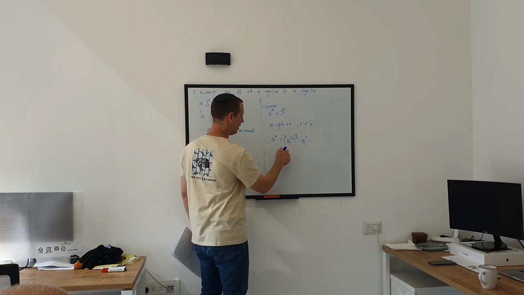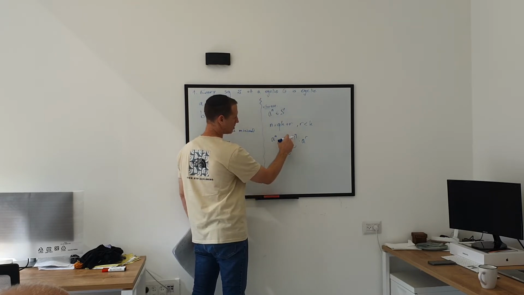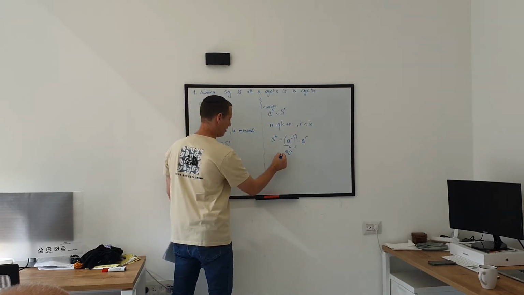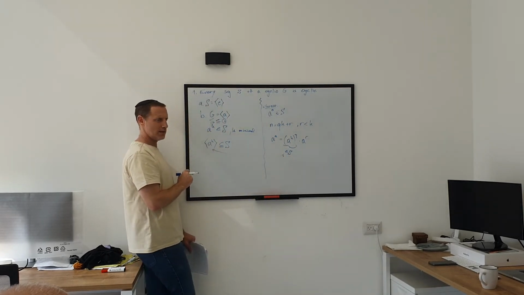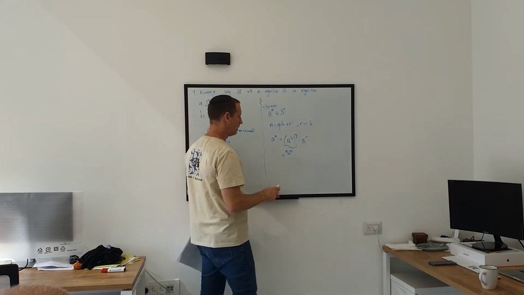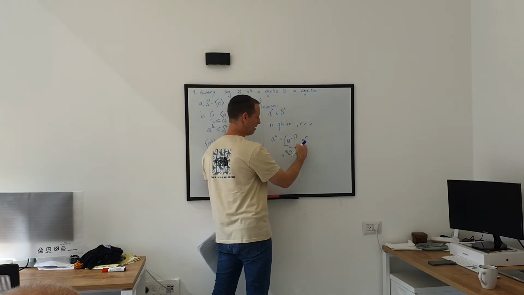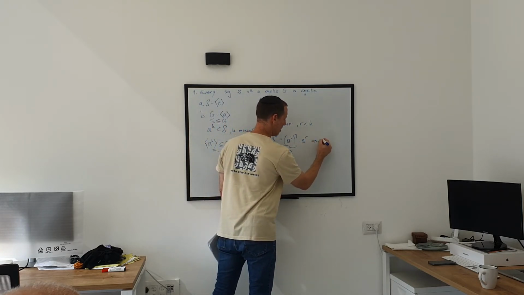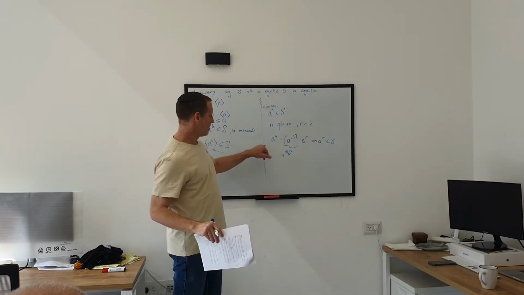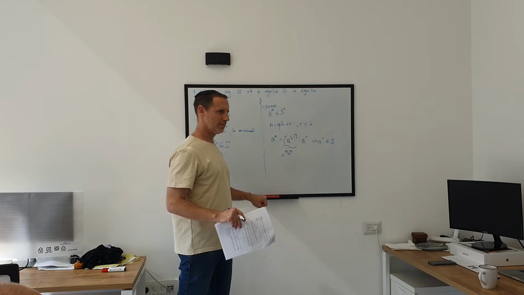What does this mean? We know that this belongs to S because it's just a power of A to the K. If all powers of A to the K belong to S, then this belongs to S. And because of closure, this belongs to S, this belongs to S, then this means that A to the R also must belong to S. Why?